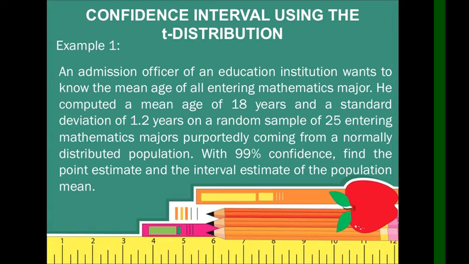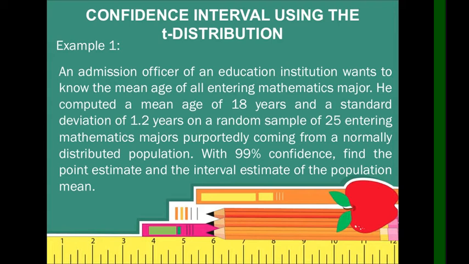With 99% confidence, find the point estimate and the interval estimate of the population mean. So we're looking for the margin of error, the point estimate, and the interval estimate.